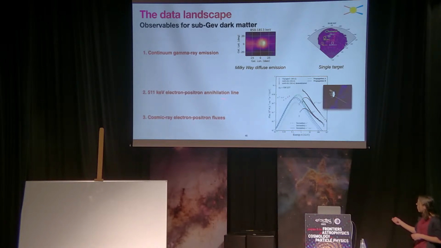Or you can exploit a very nice observation of the cosmic ray electron-positron fluxes that Voyager has measured in the really local interstellar medium outside the heliosphere. So Voyager has exited the heliosphere, and this is really the measurement in black of the electrons and positrons.